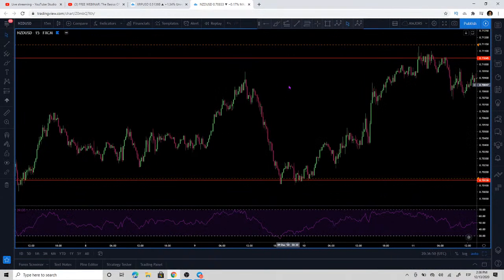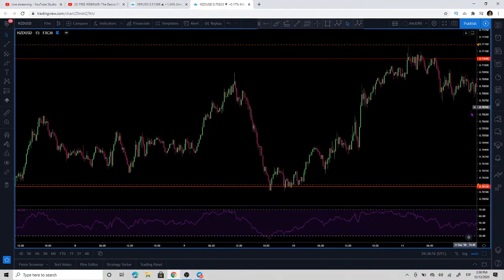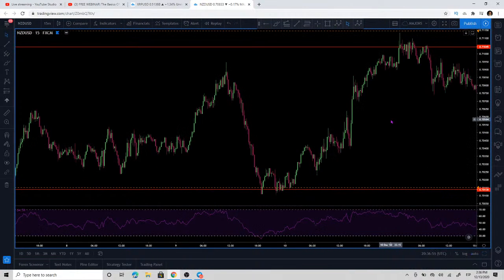But we can go ahead and look for other divergences, and today we're also going to look for hidden divergences if we can find them. Right here at the bottom of the move is something we're going to be looking for on the New Zealand dollar versus the US dollar at the open, and that would be right here.